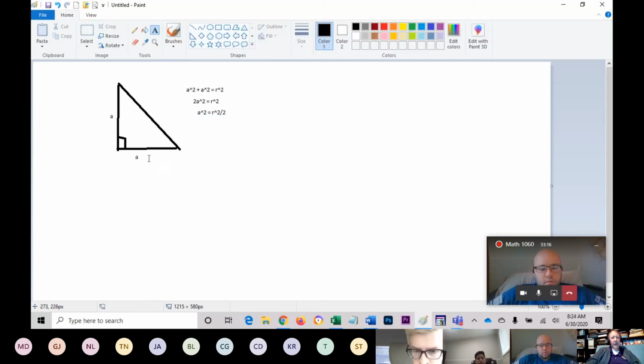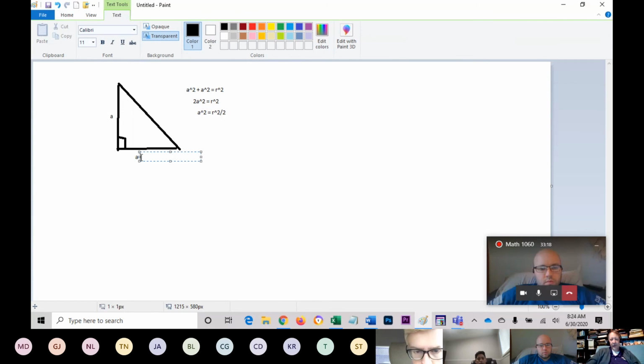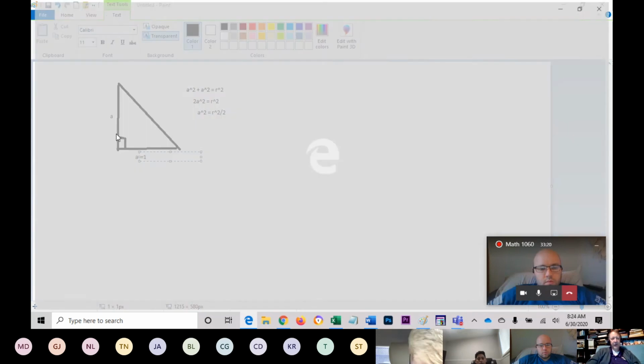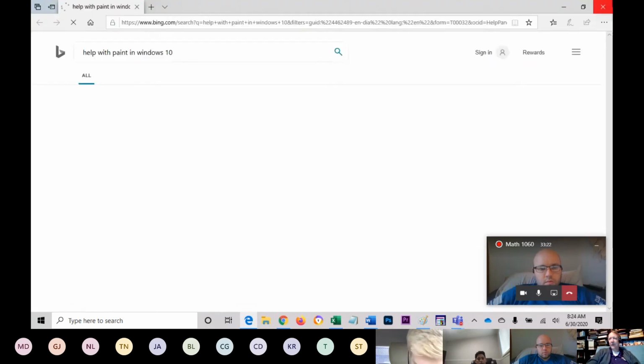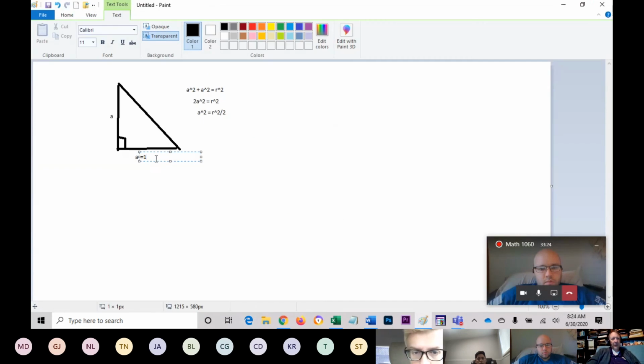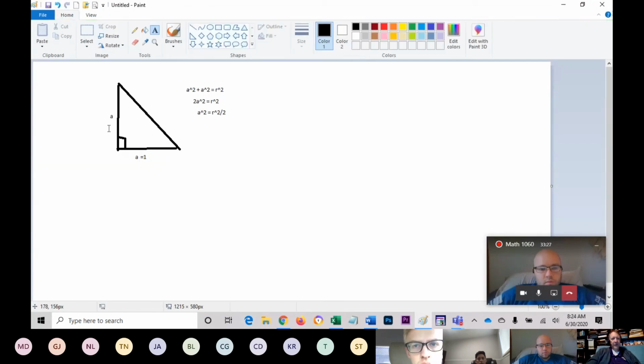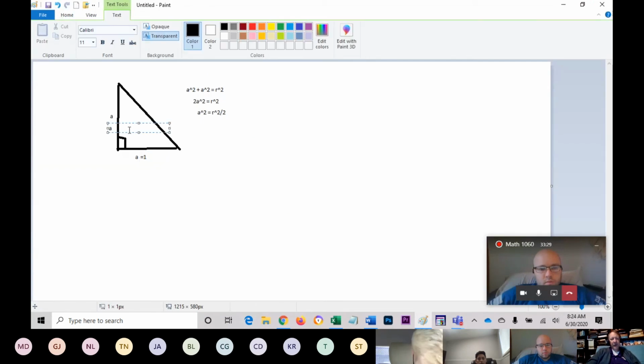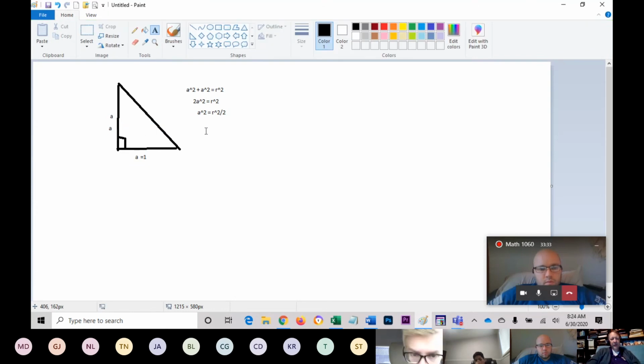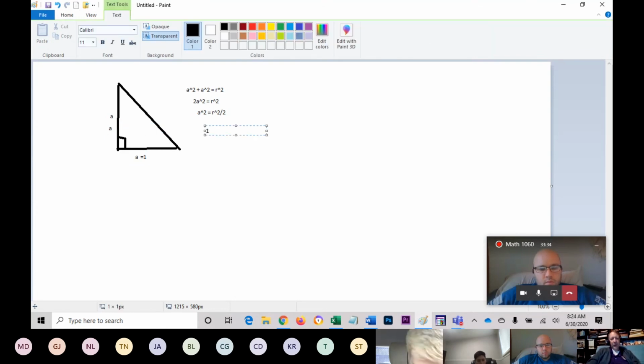Now the nice thing is if I said a equals 1, which is kind of what we did the first time. Oh, what happened? I didn't mean to open that up. If a equals 1 on both sides, so if this is 1, then 1, in this case, equals your r squared divided by 2.